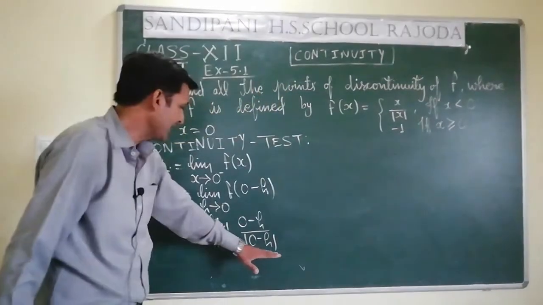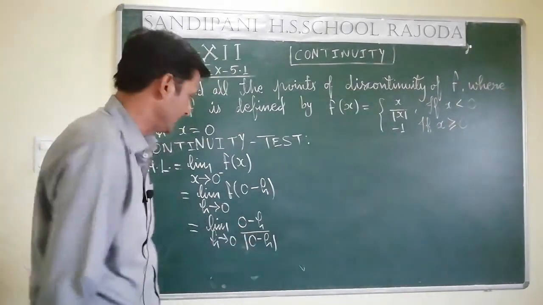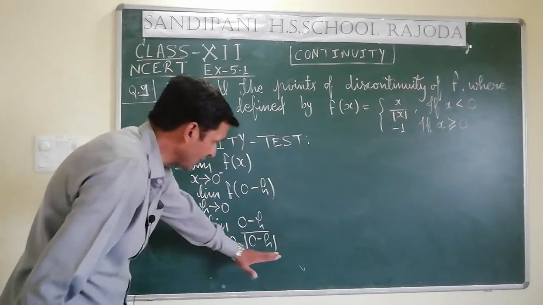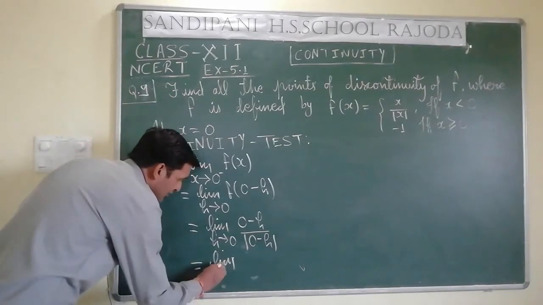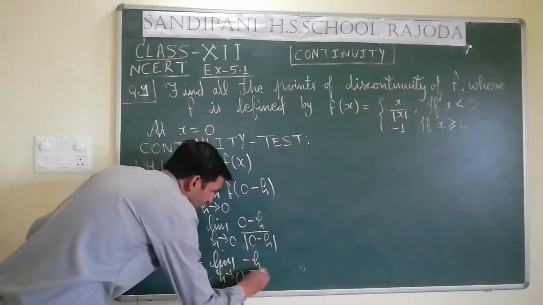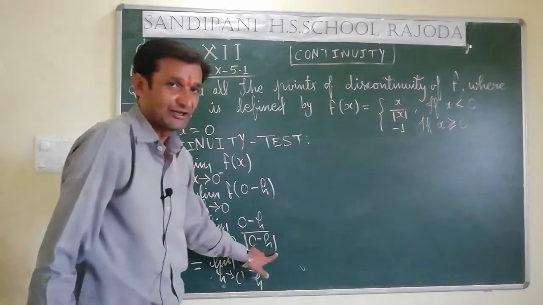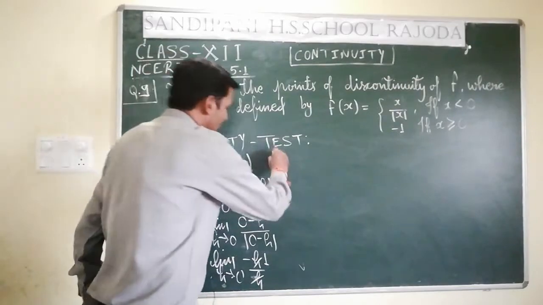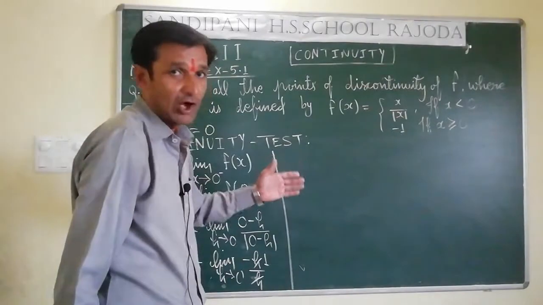That is why we are applying modulus function in denominator only. Here this negative h will become positive. 0 minus h is minus h, but here it is positive h because modulus is in denominator. That is why limit h tends to 0, it will become minus h upon positive h. Here negative will become positive due to this modulus sign. So, h is cancelled. No need to write on solving limit because h is only cancelled. No need to solve the limit also.